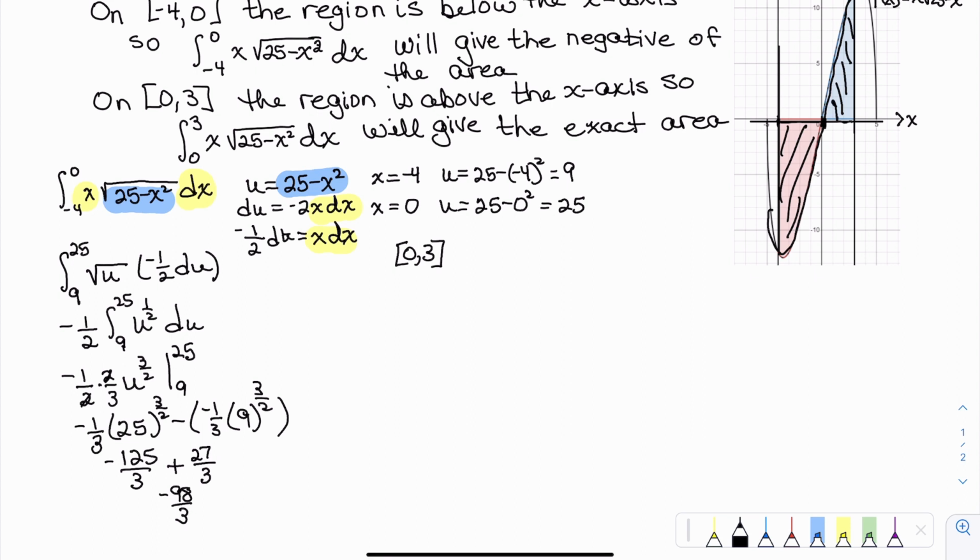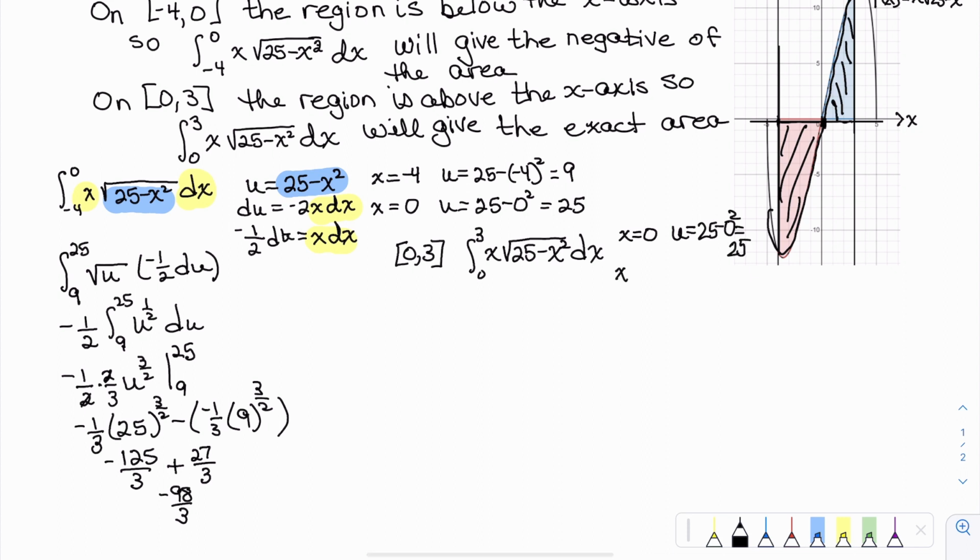On our interval from 0 to 3, the substitution work that we did in integrating is going to be the same. It's just our limits of integration that we're going to need to work on. So remember, this is the integral from 0 to 3 of x times the square root of 25 minus x squared dx. Our u substitution, our du differential, and dividing the negative 1/2 over is all going to be the same. But for our limits of integration, a lower limit of x equals 0 is going to be u equal to 25 minus 0 squared, or 25.